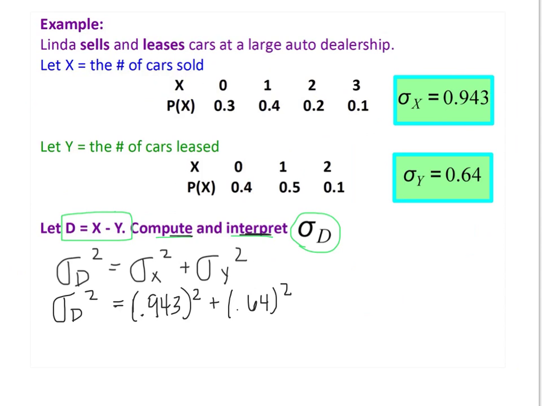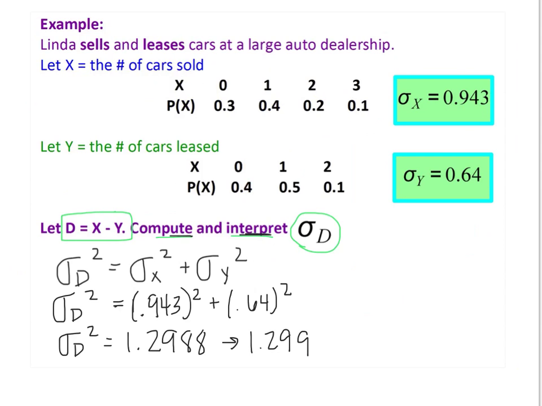I'm going to square that to make it into a variance. And when I do that arithmetic, I get the variance of D equals 1.2988, or we can just make that 1.299.